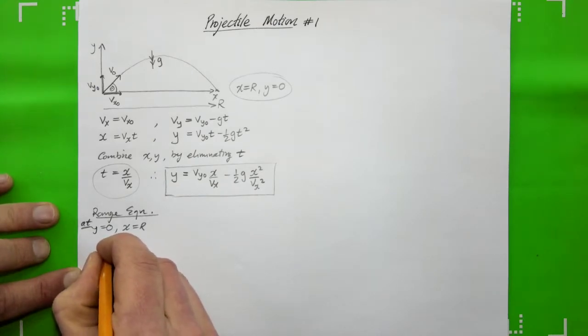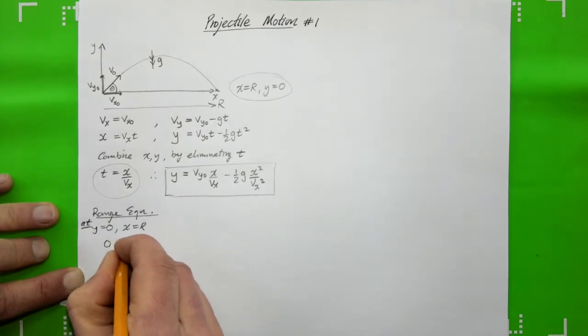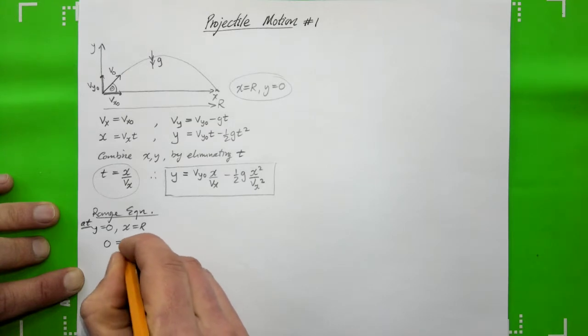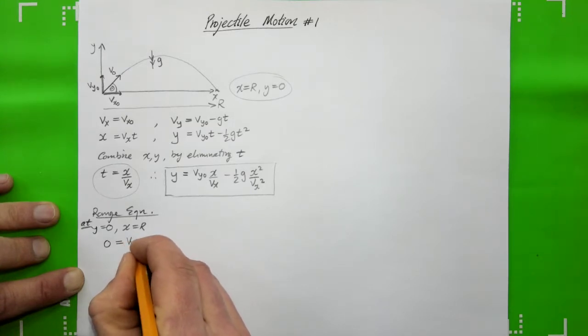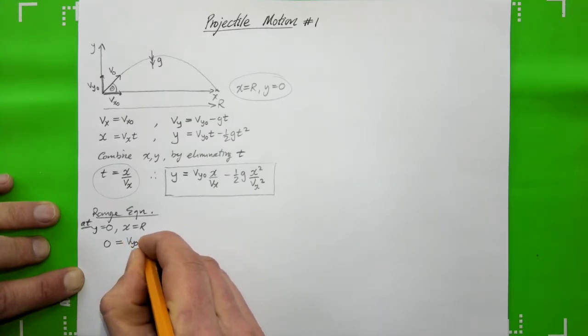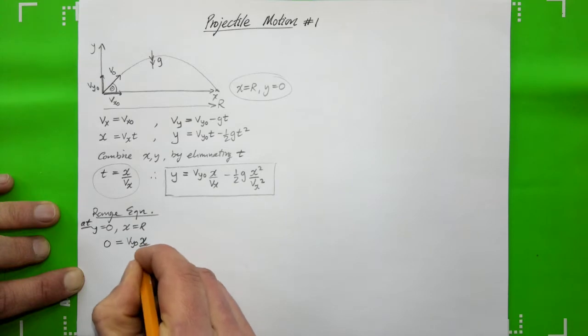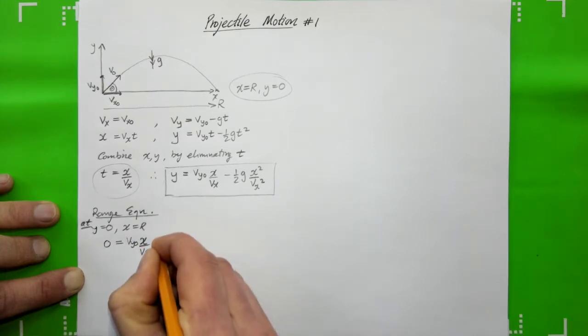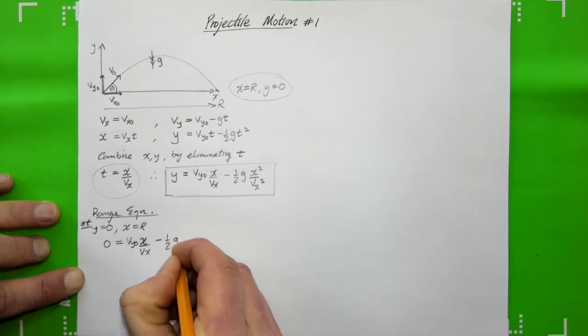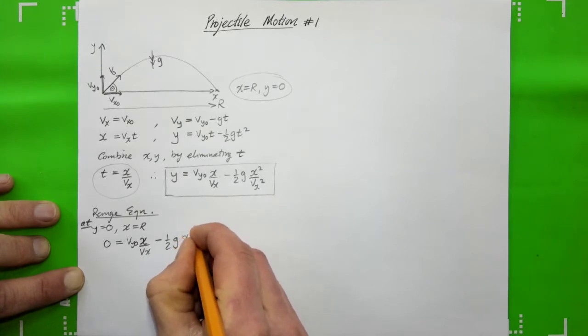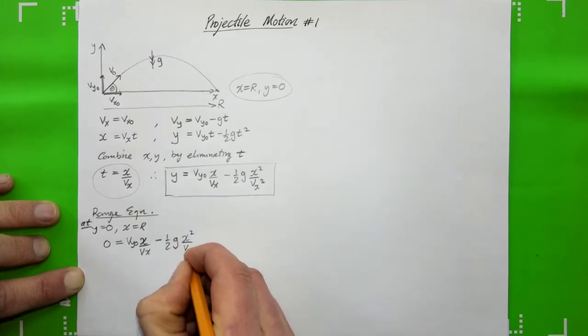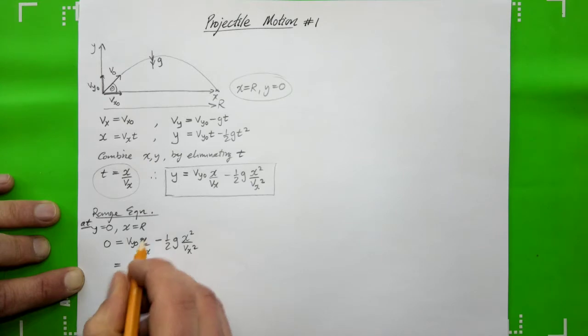So now we have 0 equals Vy initial x over Vx minus 1/2 g x squared over Vx squared. So we can rearrange this.